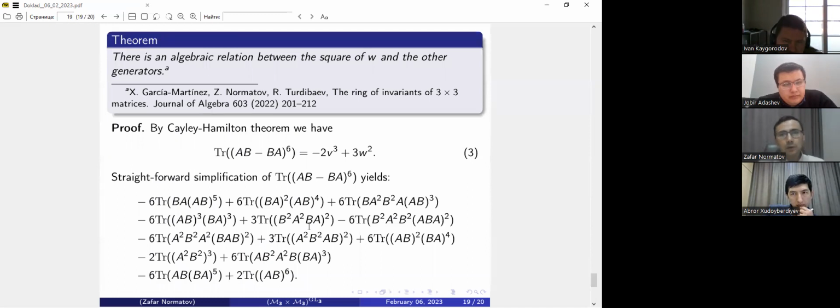So, and also we have the following theorem in this paper. There is an algebraic relation between the square of W and the other generators. So W is the last generator, if you remember, right? So by using the Cayley-Hamilton theorem, we have the following equality. Using Cayley-Hamilton, we just decrease the order, right?